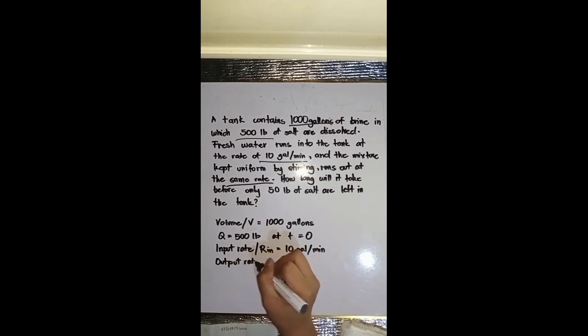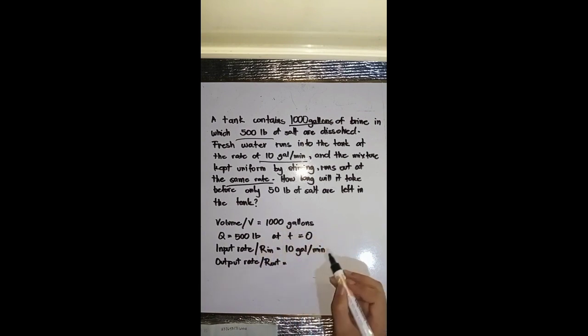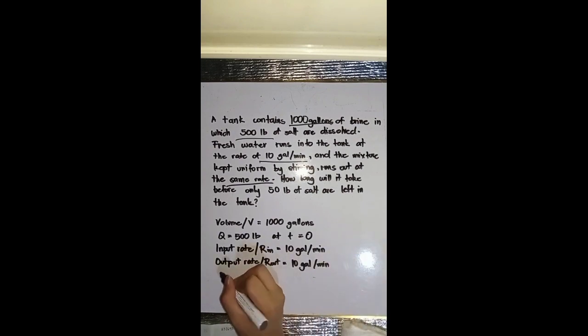So the output rate, or R out, is equal to 10 gallons of brine per minute. The Q in is equal to 0, since the incoming fresh water has no salt. So Q in is equal to 0.